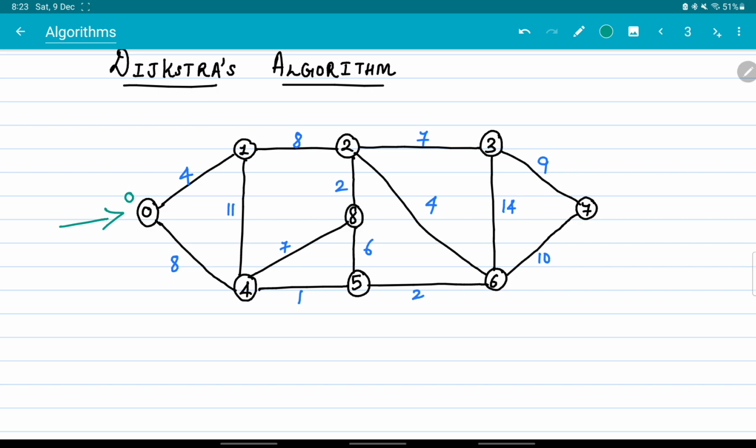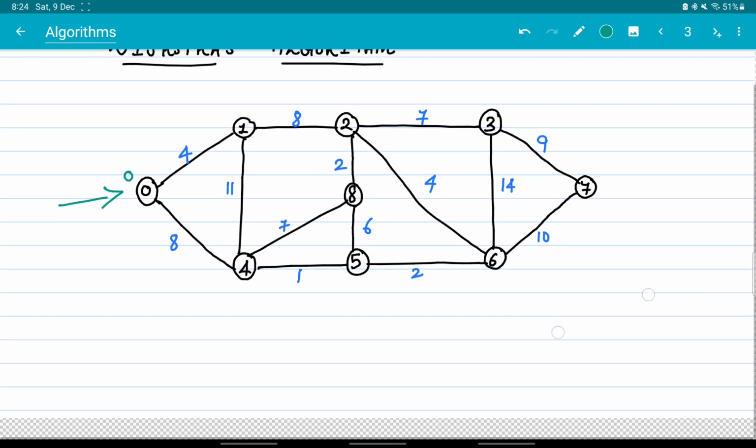You can take any starting source. Suppose they ask you to implement Dijkstra's algorithm and your source node, that is the starting source, is 3. Then what I have to do in that case is put the distance of 3 as 0. Whichever is your source vertex, you have to make its distance 0. This is your first and foremost step.